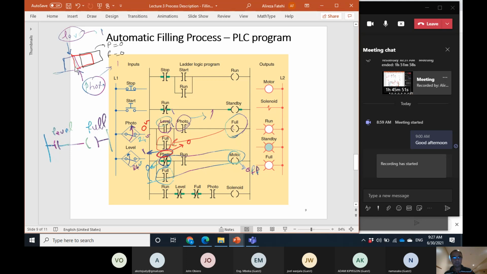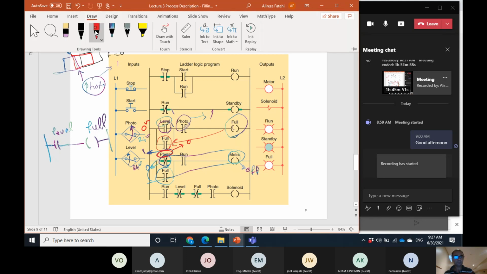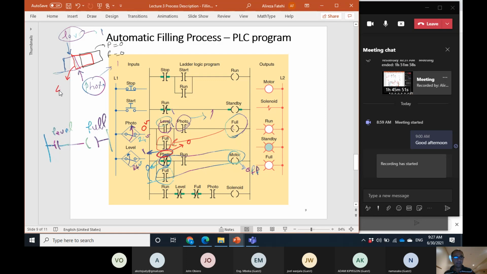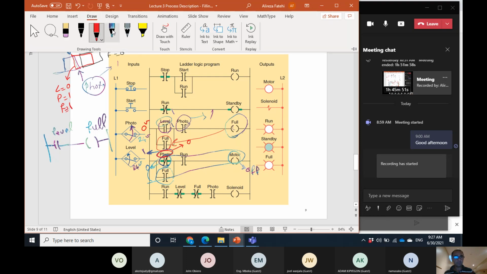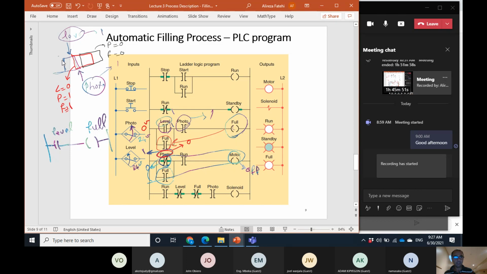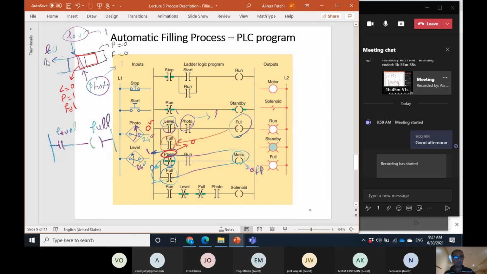At this point, let me show this. At this point, the level is 0, the photo is 1, and the full is still 1. And at this point, initially, the level was 0, the photo was 0, and the full was 0.